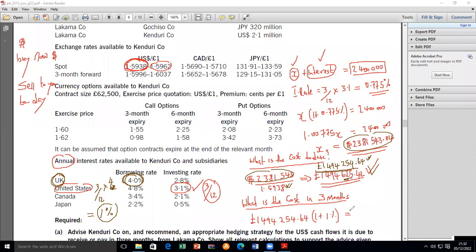So we are going to charge interest at 1 plus 1%. So you're going to multiply this figure by 1 plus 1%. So what is your answer now? 1509197.18.